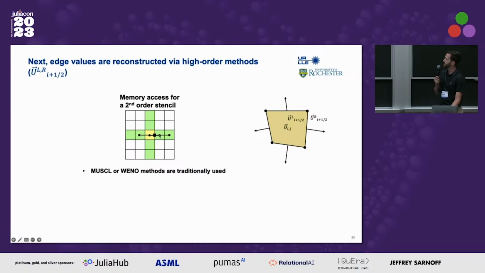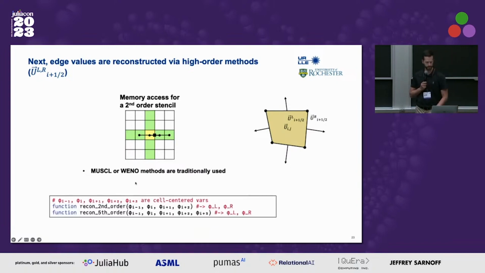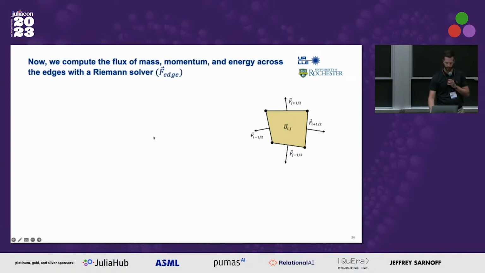When we reconstruct it, we get what we call a left and right state. So we have left on this side and right on this side. Common methods include MUSCL or WENO. And here, in terms of Julia, it's just passing it the cell-centered values in a particular stencil like this.